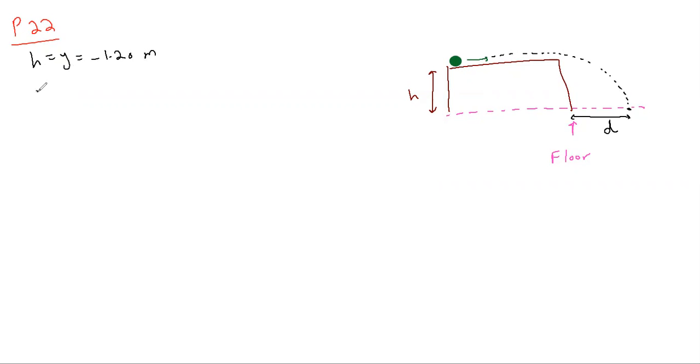And this distance d is equal to 1.52 meters. Now the question is, how long is the ball in the air? So we have to calculate the time which the ball stayed in the air.